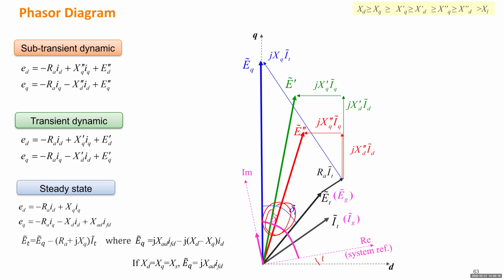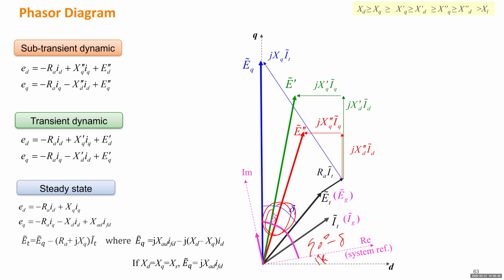Then what is this other angle? This little angle, between the common reference and the D axis, will be 90 degrees minus delta.